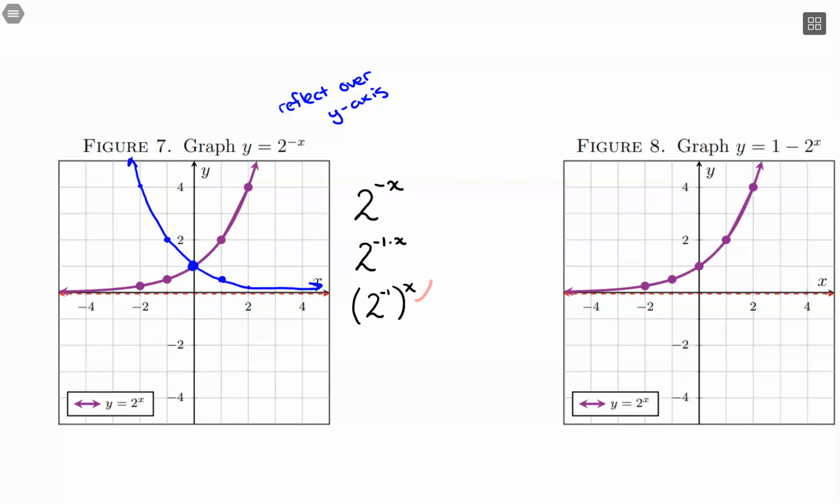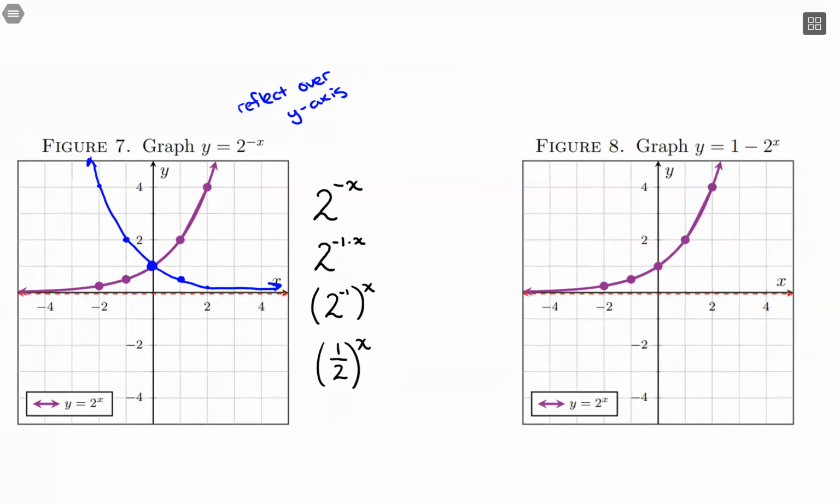You can see that because our rule said power to a power, you multiply them, so -1 times x would give you that. But if you think of it in this form, 2 to the -1 is 1/2, and then we have our exponent of x. So you could either graph this thinking about the transformation, or you could simplify that negative exponent and see that you could just be graphing 1/2 to the power of x, and it would give you the same thing.